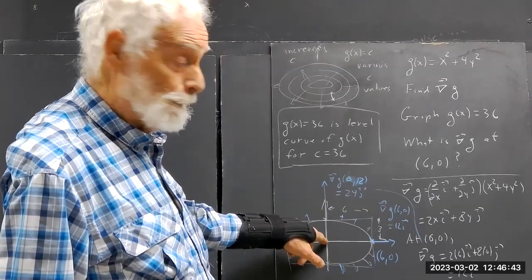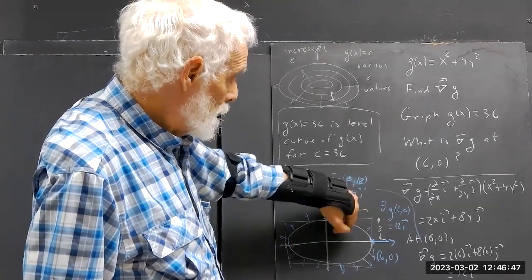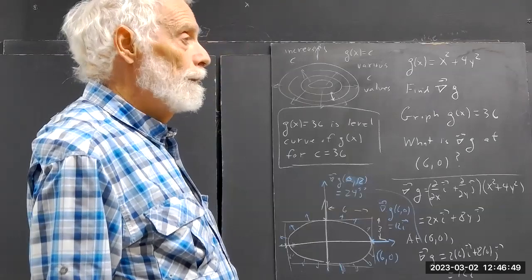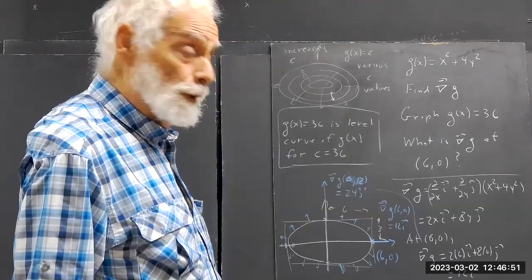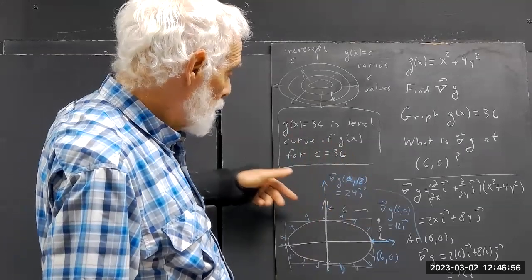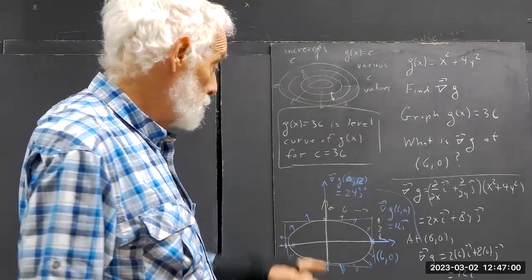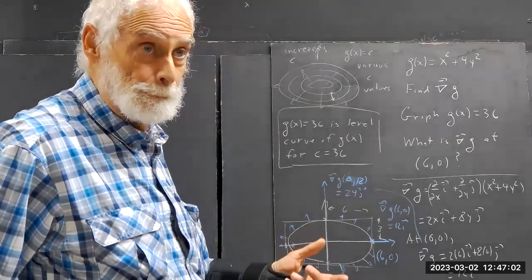Some gravitational mass, and the vector field represents gravitational attraction, which is always radial toward the planet.